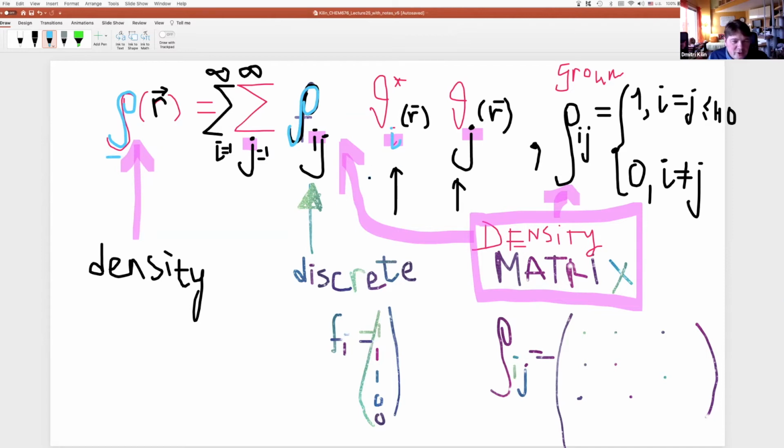The dependence on position will be hidden in the orbitals, and this factor does not depend on position. It depends only on indices. An object with two indices is typically a matrix, right? So this will be a matrix for density, or one can call it the density matrix.